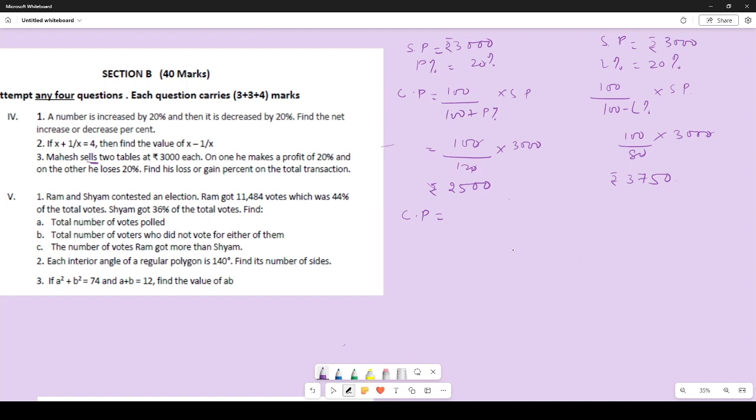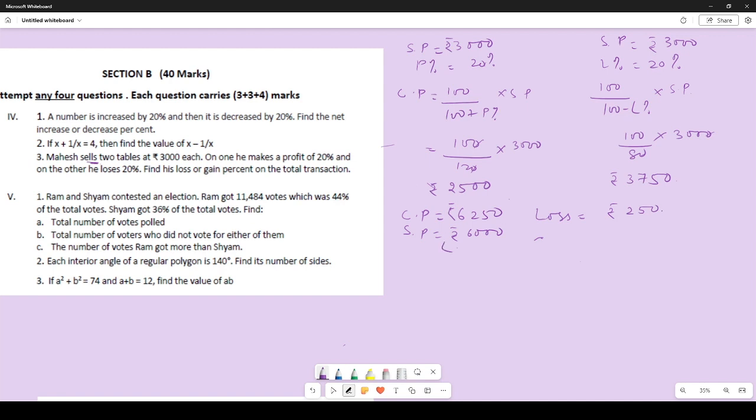So total CP, if you add both of them up, comes to 6,250 rupees, and total SP was rupees 6,000 for two tables, right? So that means there is a loss of rupees 250.